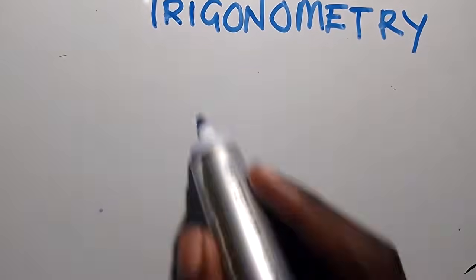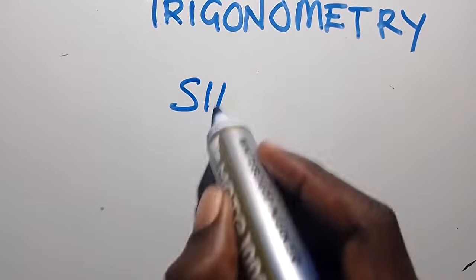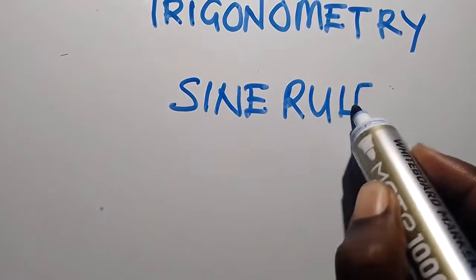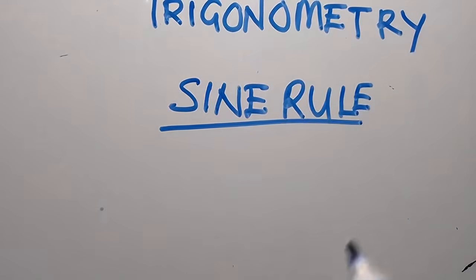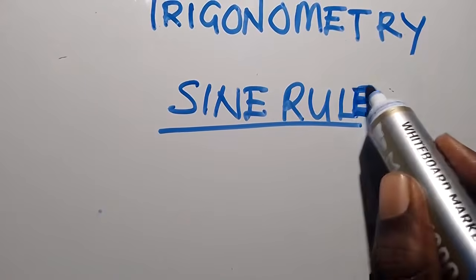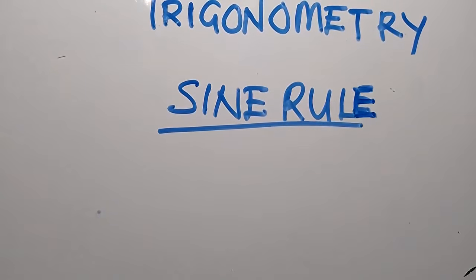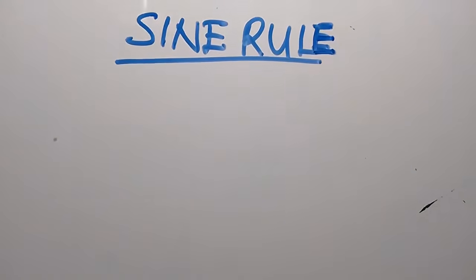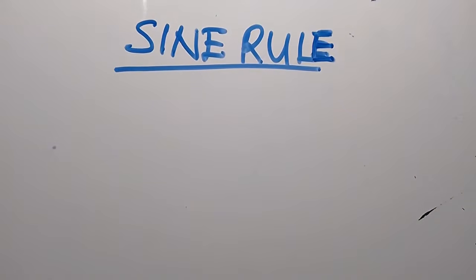So we start with this one now, which will be our last part. Then we conclude. Then I tell you how to find the shortest distance and how to calculate the area. Then we are done with this topic, which is trigonometry. Hope you are able to understand everything that I'm trying to say.